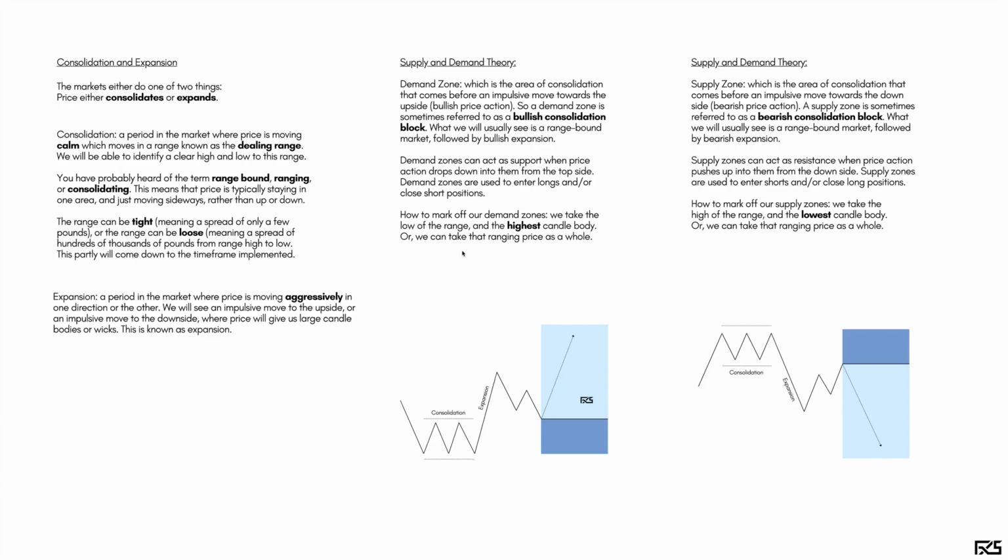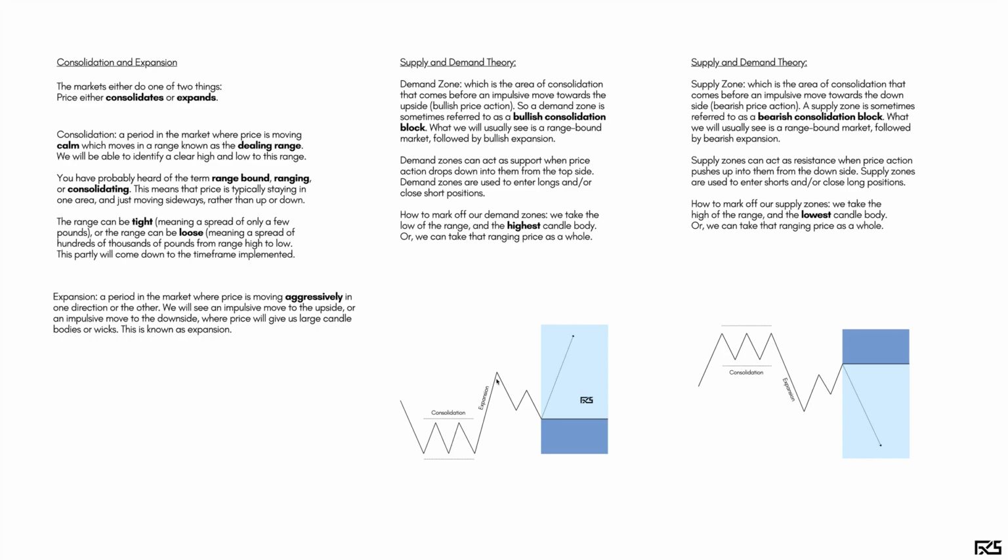Now, this demand zone can act as support when price action drops down into it. So once we push up here, this could be known as support, but we know it as order blocks or consolidation demand zones.